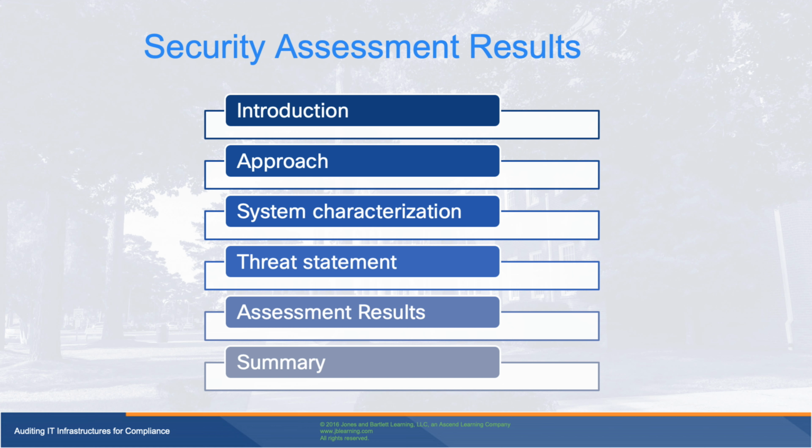The components of the risk assessment should include the following. You should have an introduction that provides the purpose and scope of the assessment. So it's going to tell the reader what the scope is and why the audit was performed.